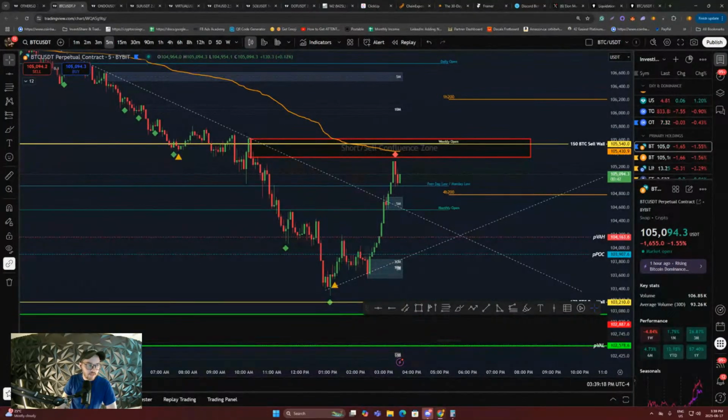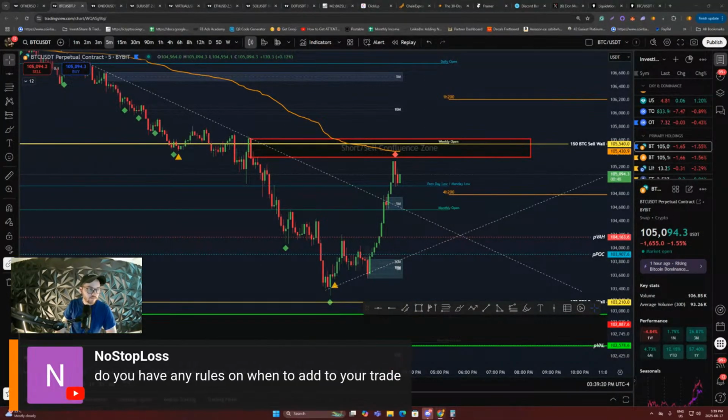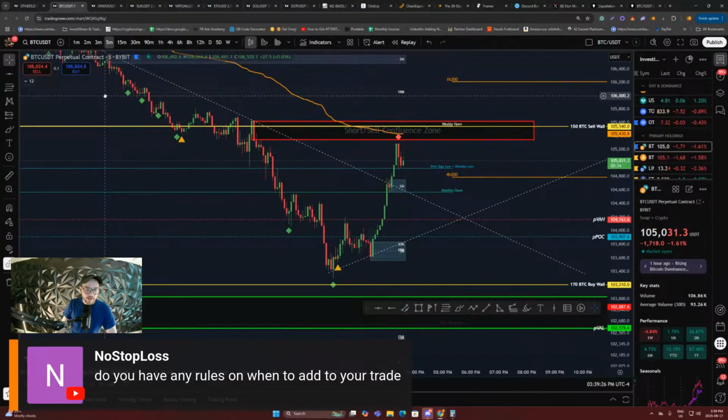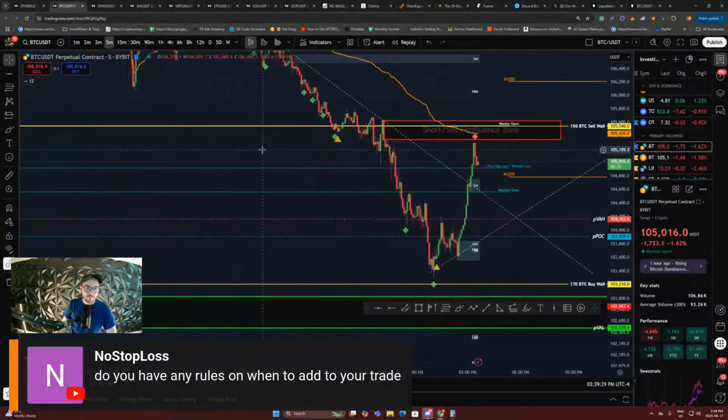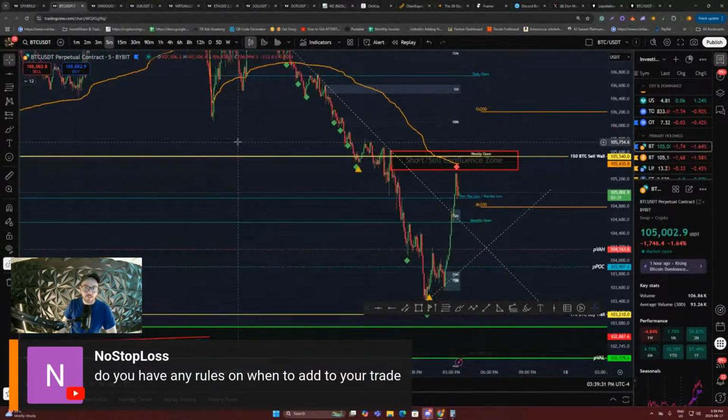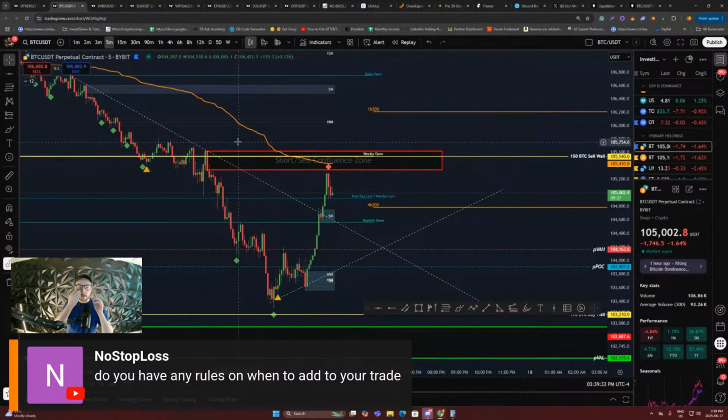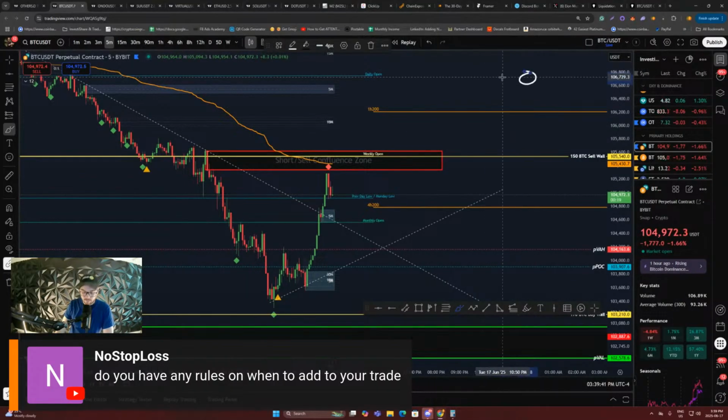Do you have any rules for when you can add to your trade? That's a good question. Adding to your trades is a little bit tricky because you hurt your average when you do it, unless you switch to hedge mode on your exchange, which you'll find in your settings.